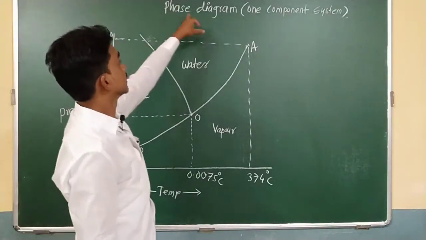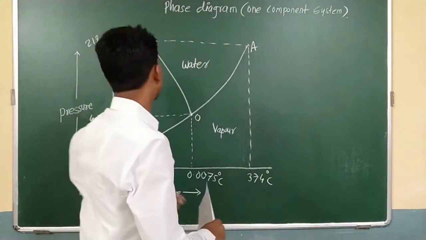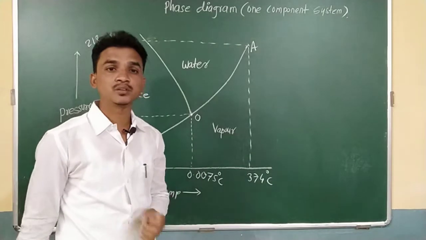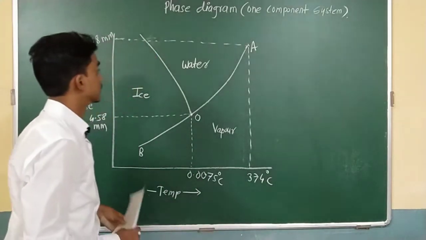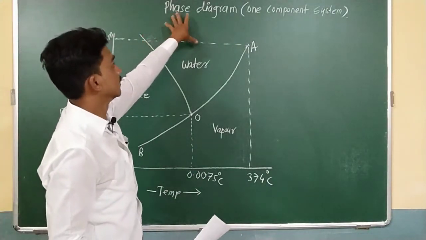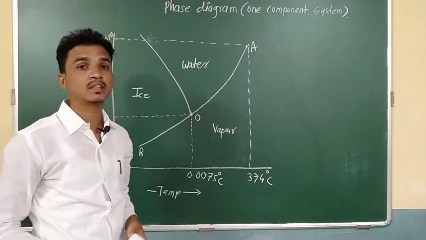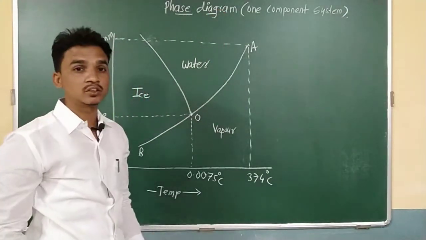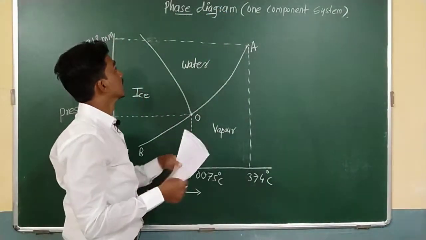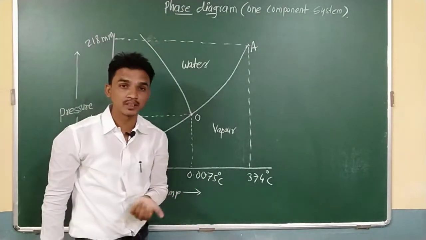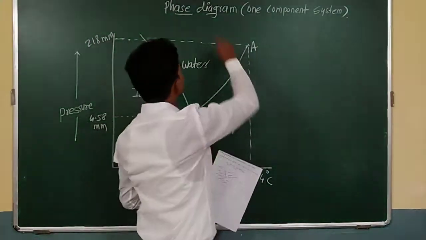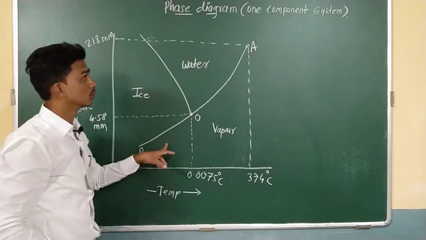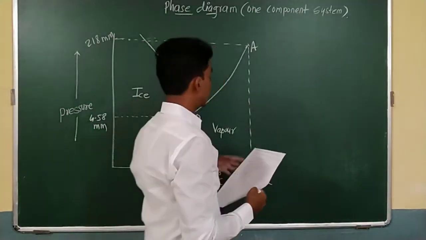The definition of phase diagram is not necessary because this is the graphical representation of the equilibrium system. Still, we have to know the definition, because questions may ask you to define the phase diagram, and then your answer should be like this.